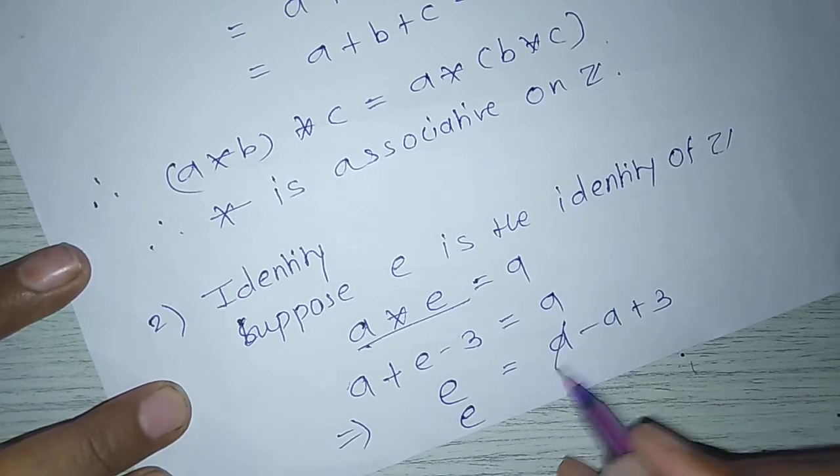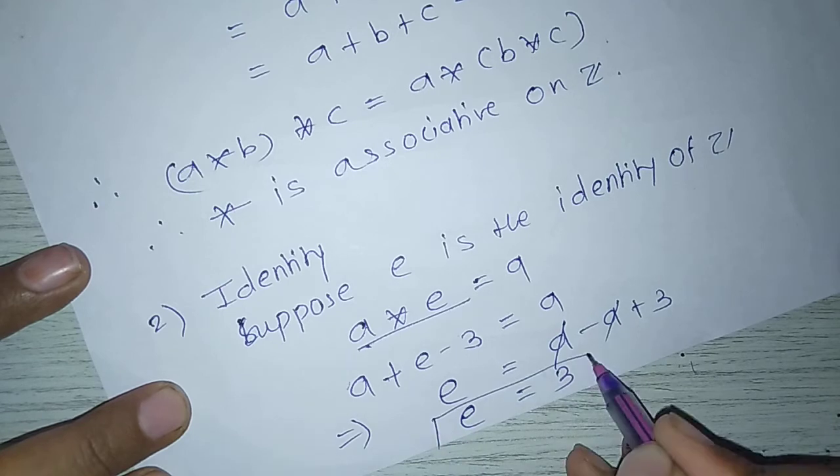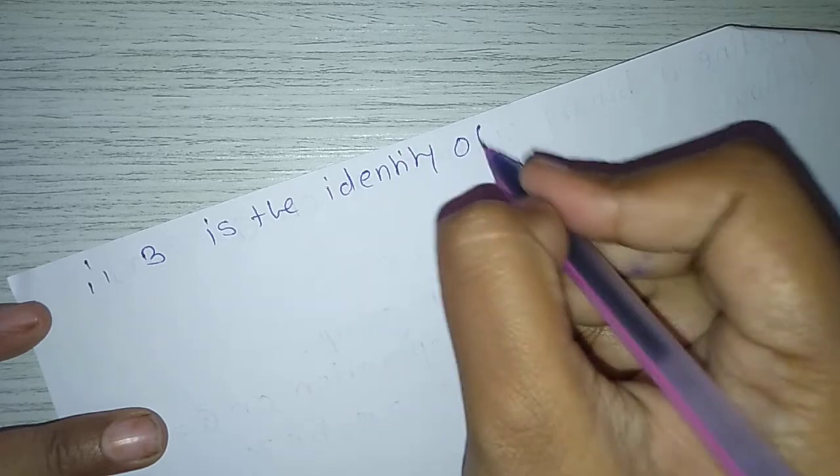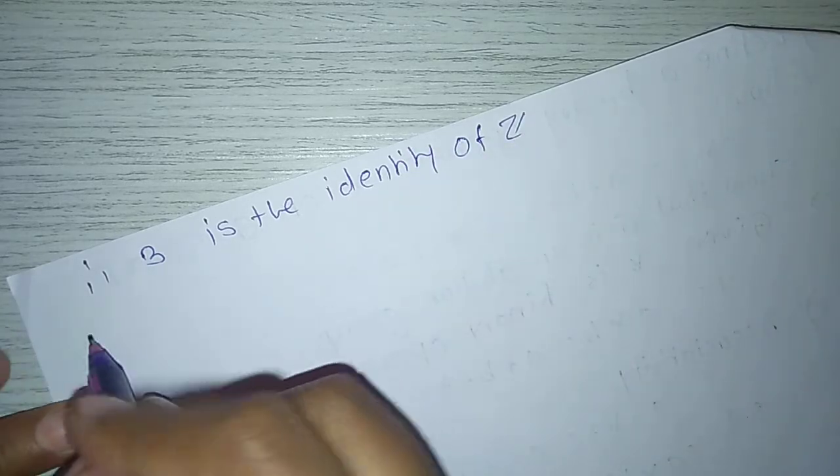A minus A cancels, E equals 3. Therefore, 3 is the identity of Z.